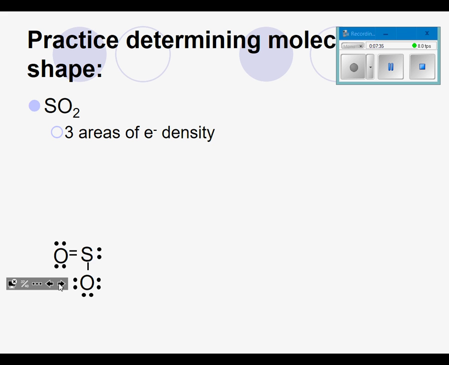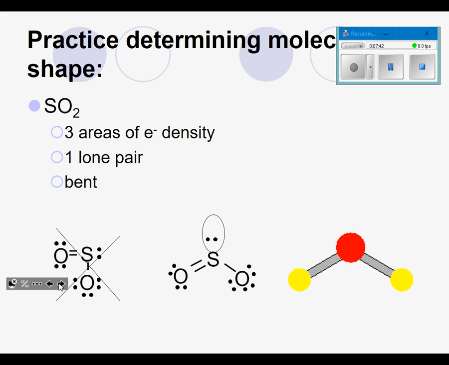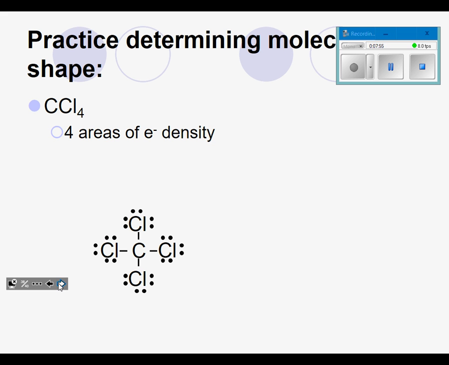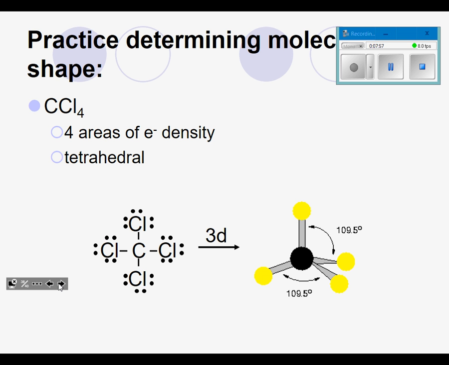So we have two elements bonded and a single lone pair. So that would be bent as well. All right. We won't do one like that on the test, by the way. CCl4. So we have four elements bonded to the central atom, no lone pairs. So that would make it tetrahedral when we look at it in 3D.